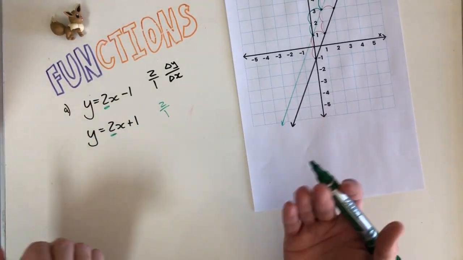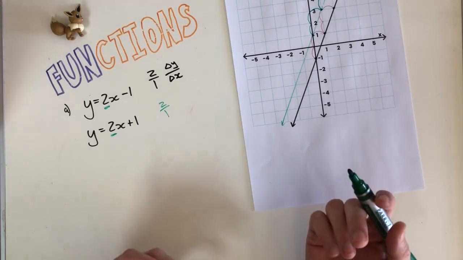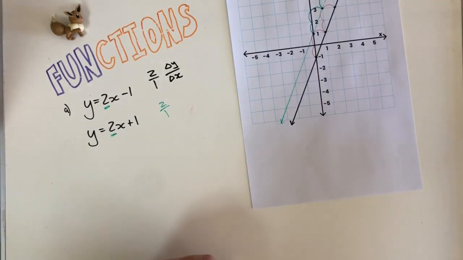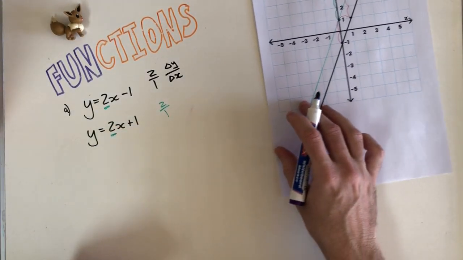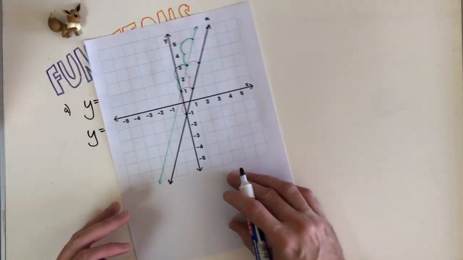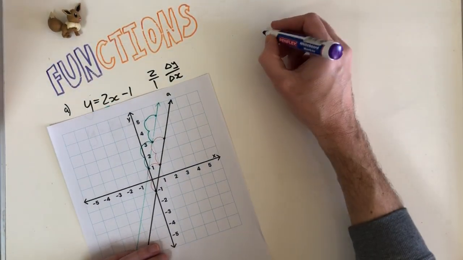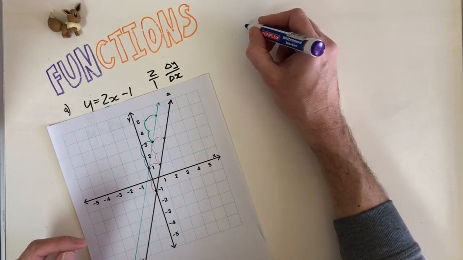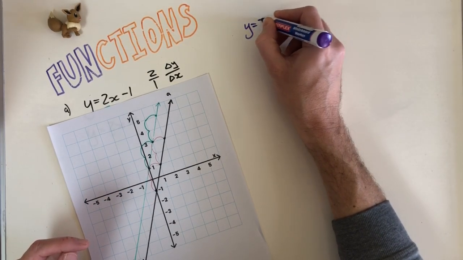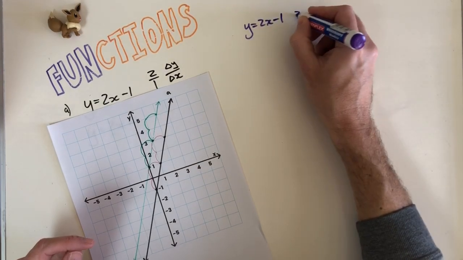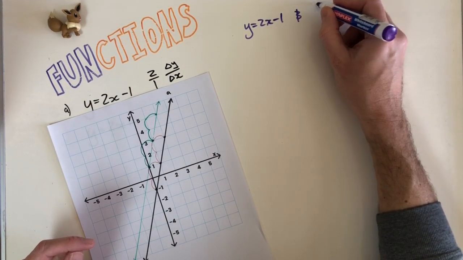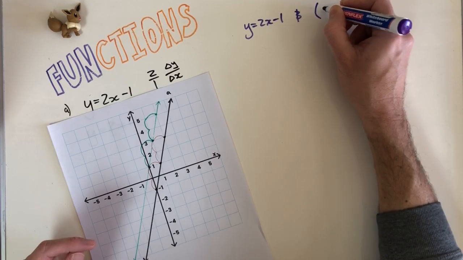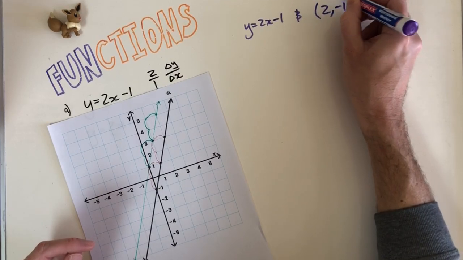So with this info in mind, they can ask us questions. Let's just think of a question quickly. They'll give you something like, okay, give the equation of the line that is parallel to y is equal to 2x minus 1, and that goes through the point, let's say, 2, -1.